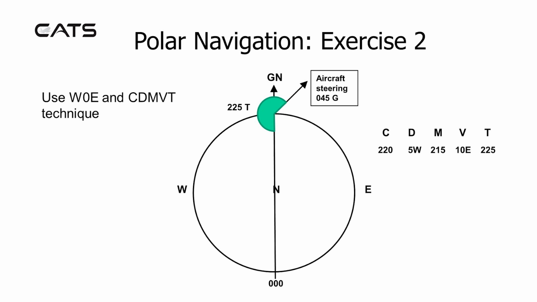This results in a true track measured from the true north pole of 225. Using CDMVT with a variation of 10 east, 225 true becomes 215 magnetic. A deviation of 5 west results in compass of 220.